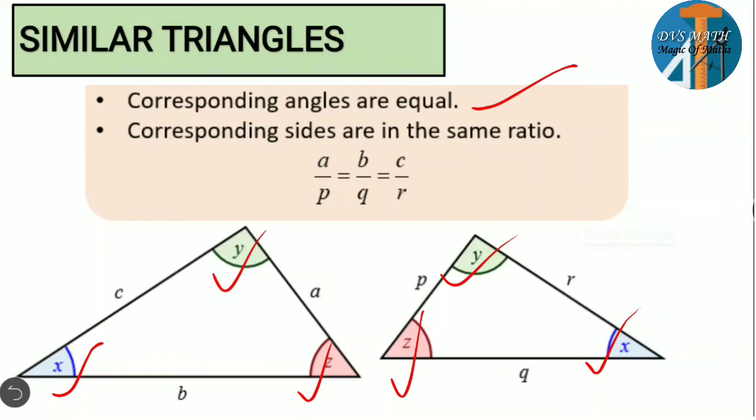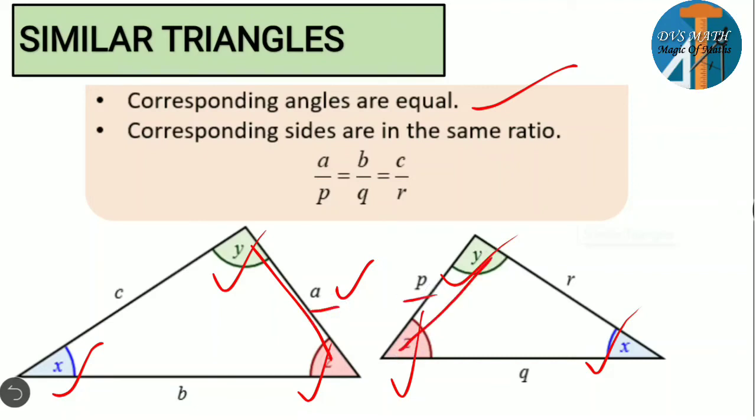What is the second one? The corresponding sides are in the same ratio. That means if we consider A by P, look here, don't consider this side. The figure is like this: X, Y and Z, so here Y and Z you have to consider.